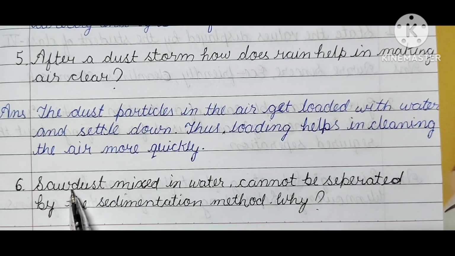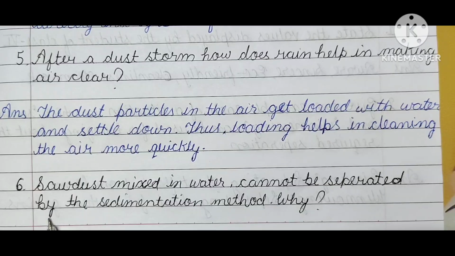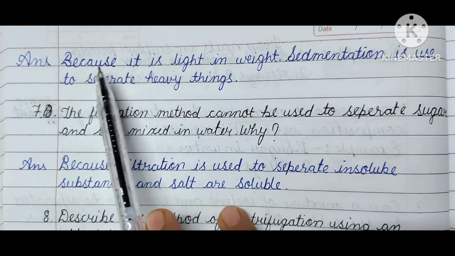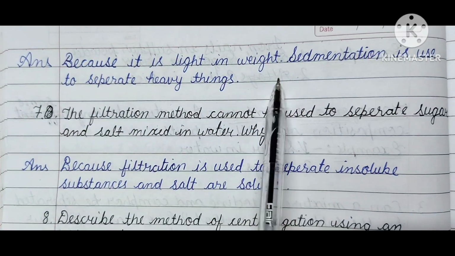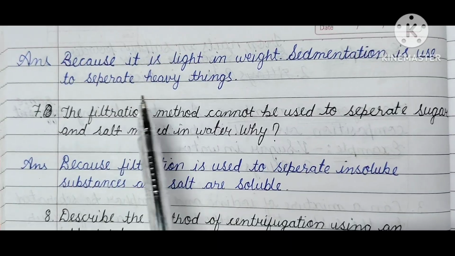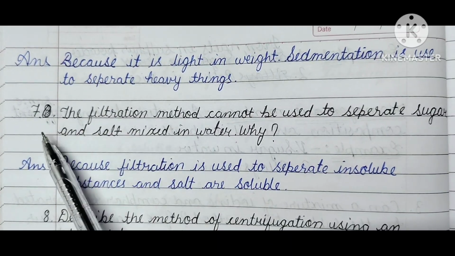6. Sawdust mixed in water cannot be separated by the sedimentation method. Why? Answer. Because it is light in weight. Sedimentation is used to separate heavy things. 7.